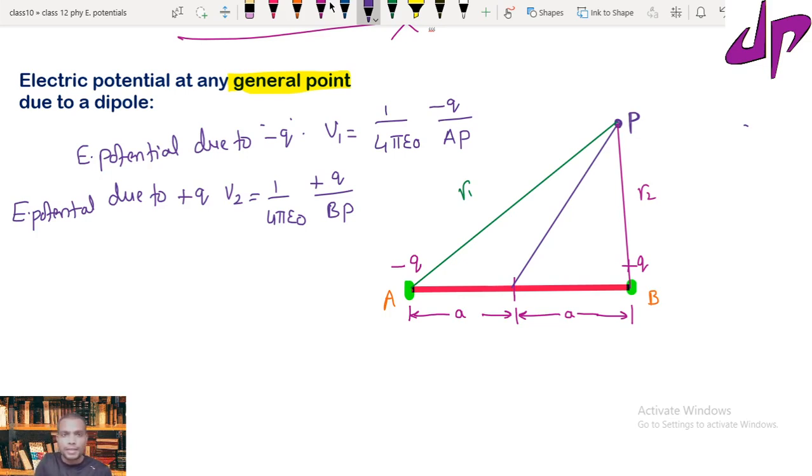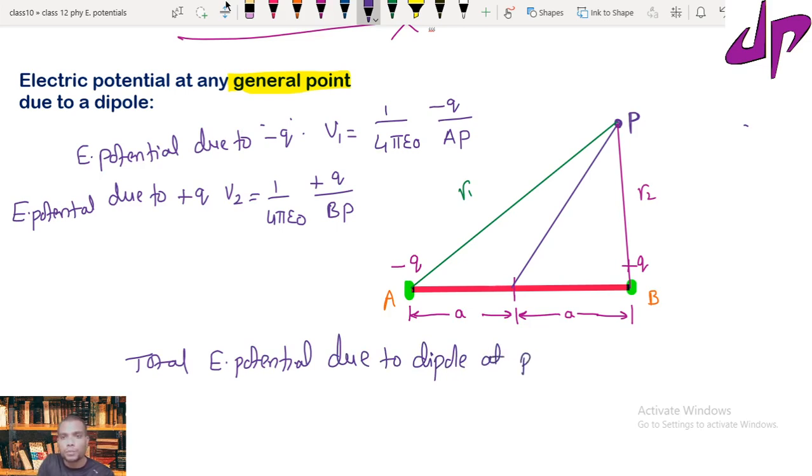Now the total electric potential due to the dipole at point P, we can take as V equal to 1 over 4 pi epsilon naught times minus Q upon AP, plus 1 over 4 pi epsilon naught times plus Q upon BP.